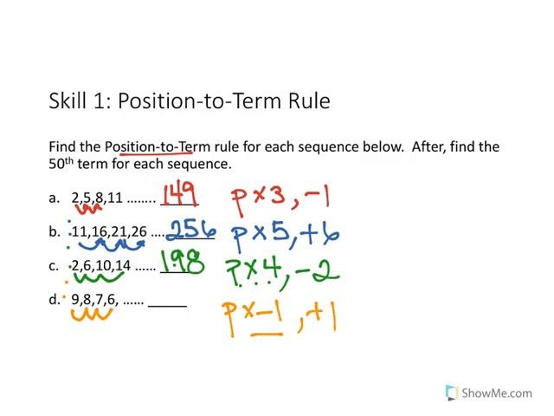And then you have to add 10. And so your 50th term would be 50 times -1, which is -50, plus the 10. It's the same thing as saying 10 take away 50. Makes -40. And it makes sense because the numbers keep descending. And that is it.